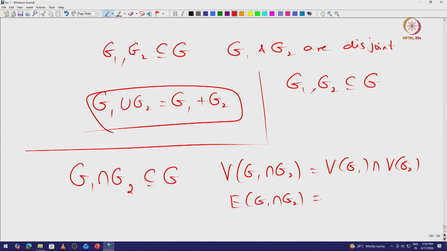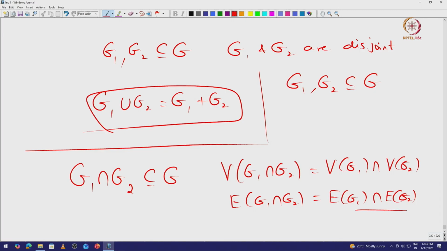So what are all the edges that are common between them, then you just take those edges. But to define intersection, one needs to have at least one common vertex between them, otherwise the intersection becomes empty, and then we can't have this notion.